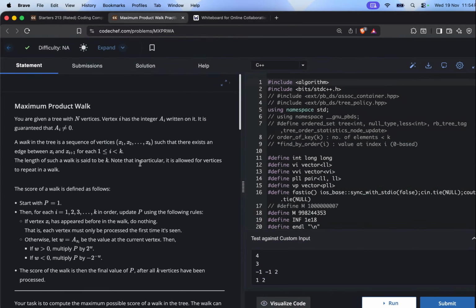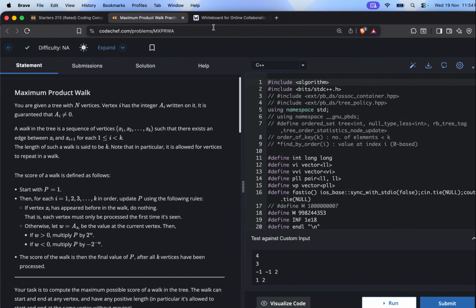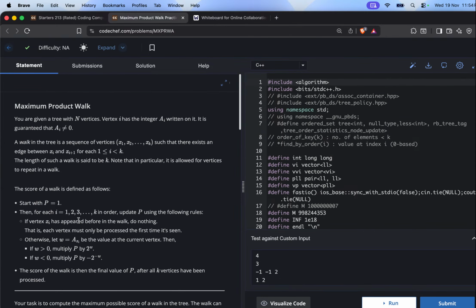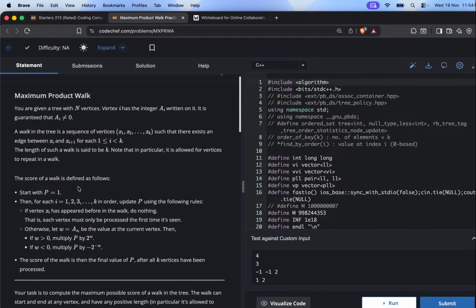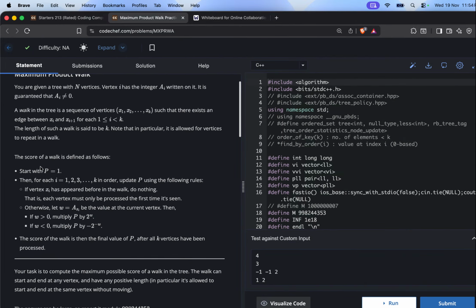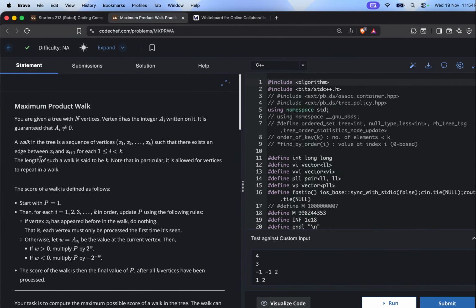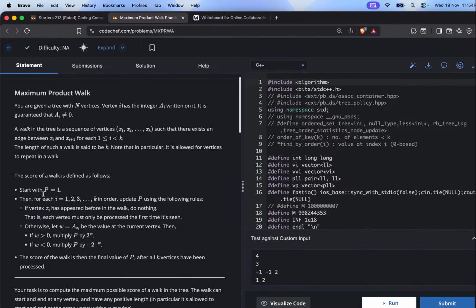Maximum product walk. In this problem, we are given a tree and we are told to calculate the maximum score according to the following scenario. We need to create a walk in a tree, which is a sequence of vertices such that there exists an edge between xi and xi plus 1.